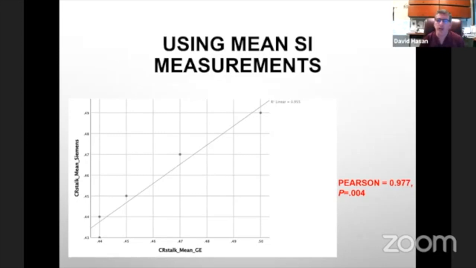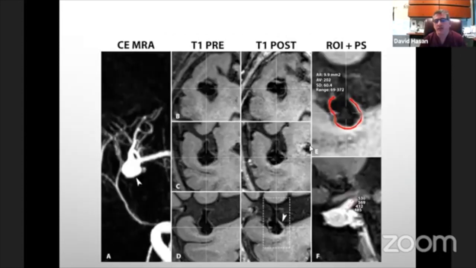So now we're able to first use a similar language in terms of quantifying the signal, and second, use it across different platforms of machines, if you will.